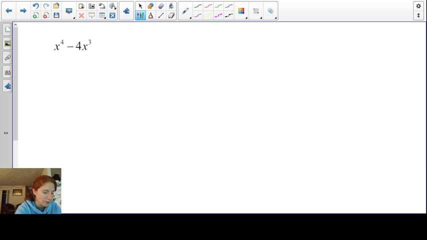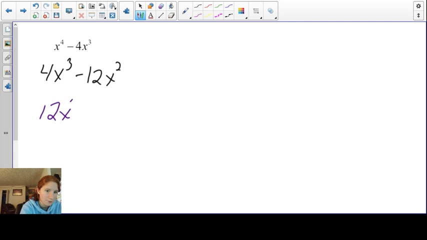The first derivative of this function is going to be 4x cubed minus 12x squared. Then I'm going to take the second derivative because we're dealing with the second derivative today. That gives me 12x squared minus 24x.